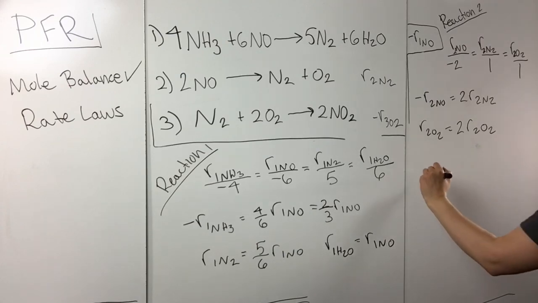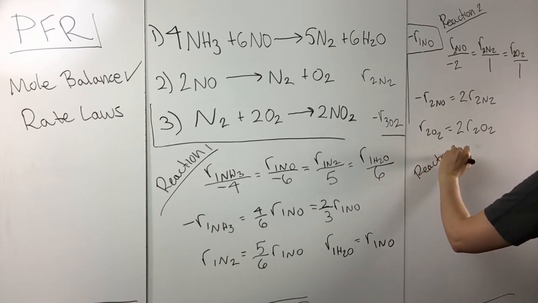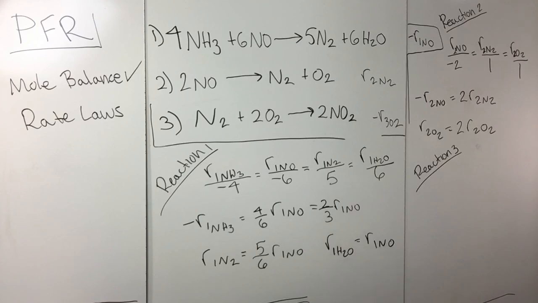And then just doing the exact same thing for reaction 3. This can seem really tedious, but I can guarantee that if you go through each step and write down your stuff clearly, this is going to be a lot easier than if you try and skip steps, because if you skip steps, you're likely to get confused.